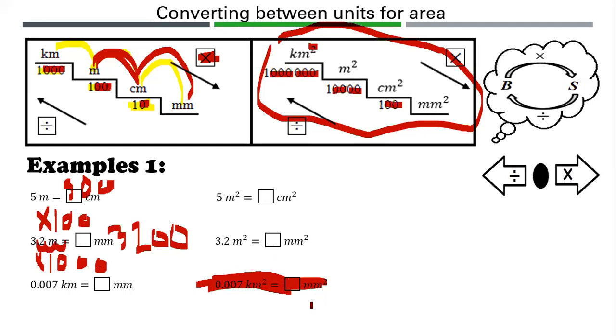We're going from kilometer squared to millimeter squared. All of this. How many zeros do you actually have? Let's start counting the zeros.